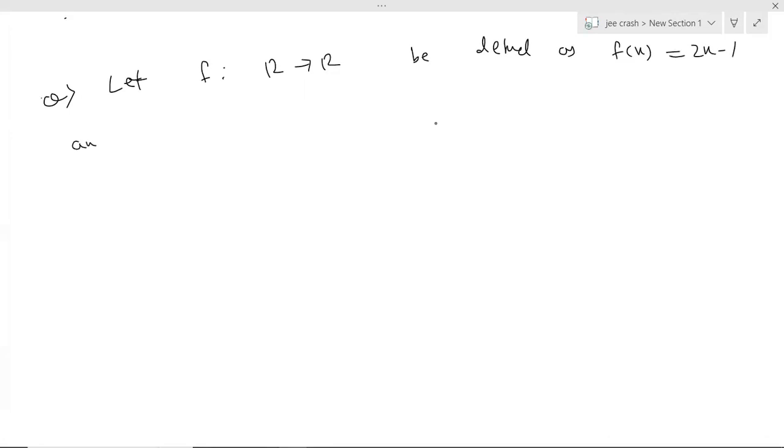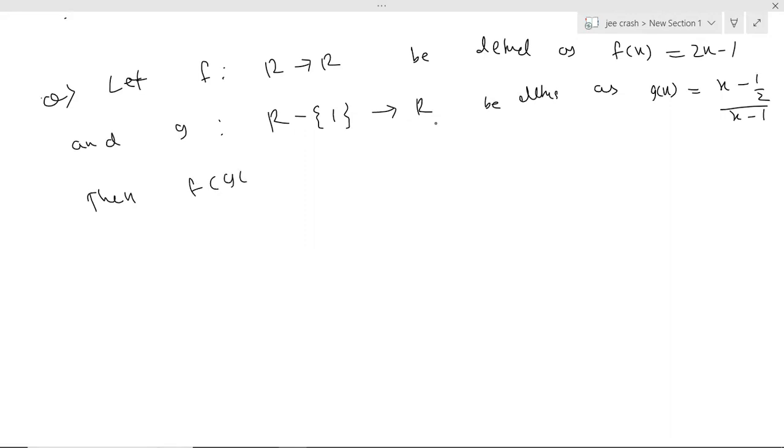एक क्वेश्चन और. Let f from R to R be defined as f of x equals to 2x minus 1, and g is R minus 1 to R, defined as g of x equals to x minus 1 by 2 upon x minus 1.